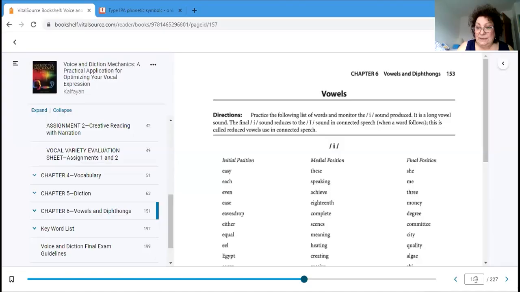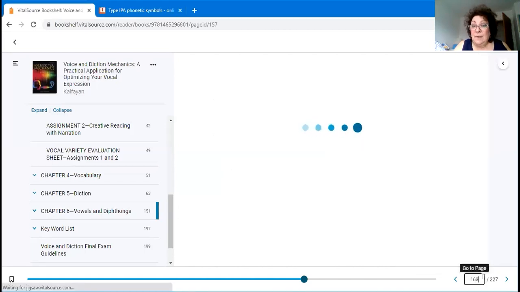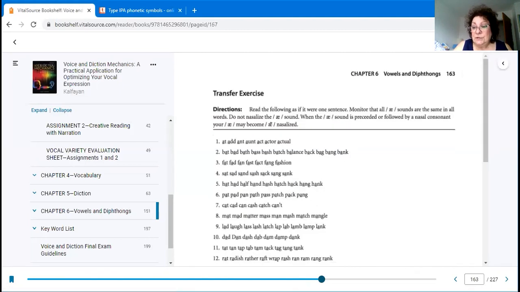One second. Okay, on page 163, do your self-monitoring exercises. Do you use your æ in your oral cavity, or which words do you use in the nasal cavity? These are called transfer exercises.